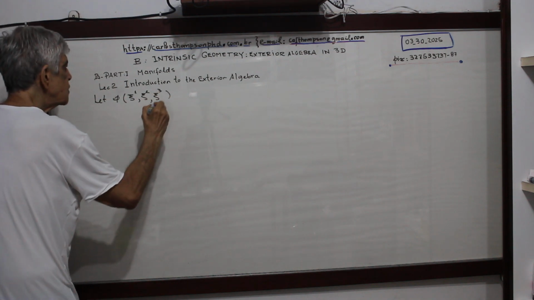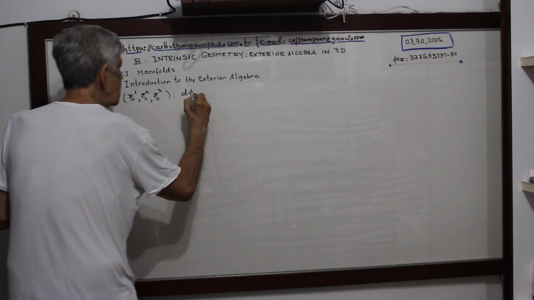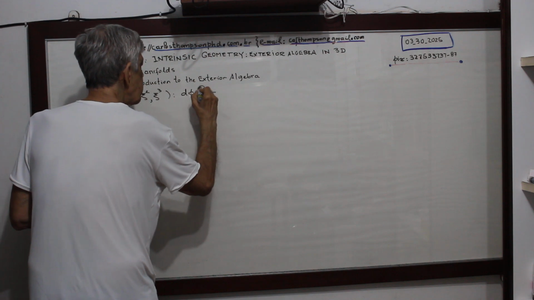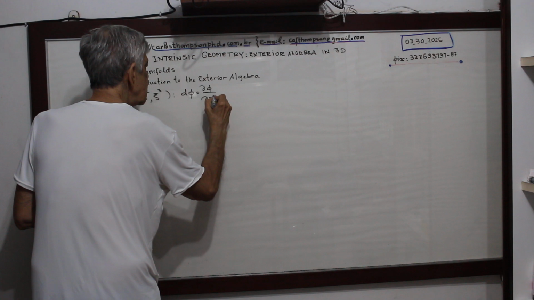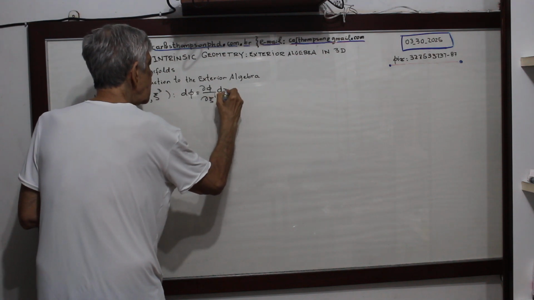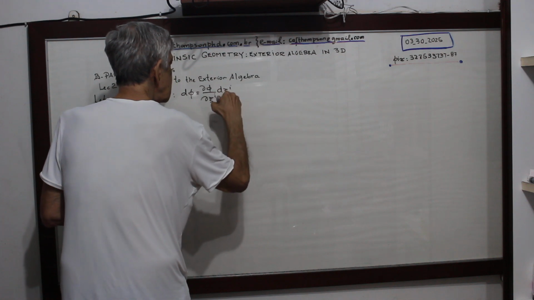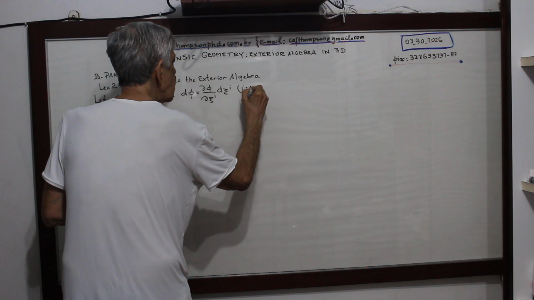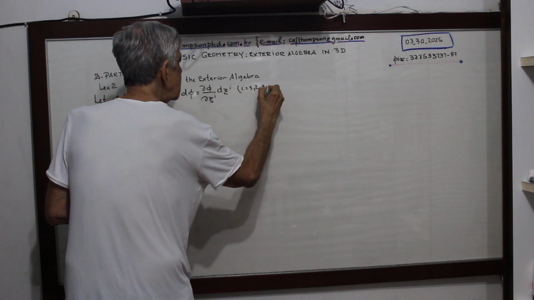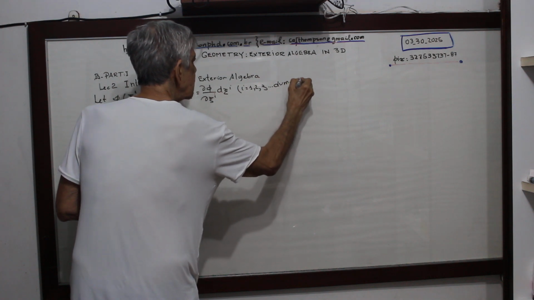From calculus, the differential of phi is equal to the partial of phi with respect to ci times dxi. Here i equal to 1, 2, 3 is a dummy index.